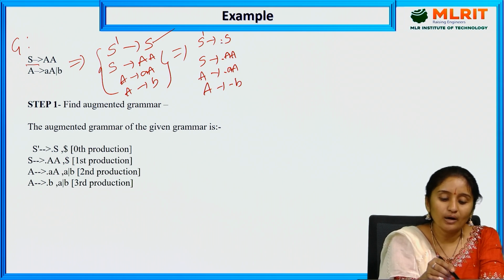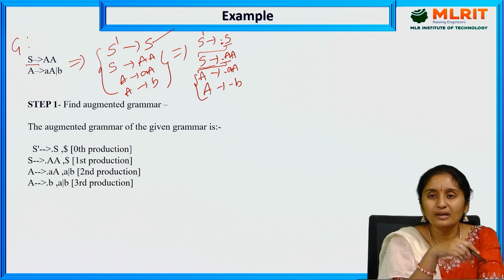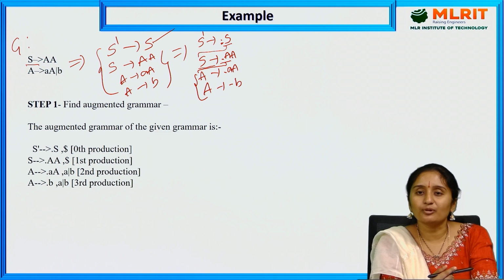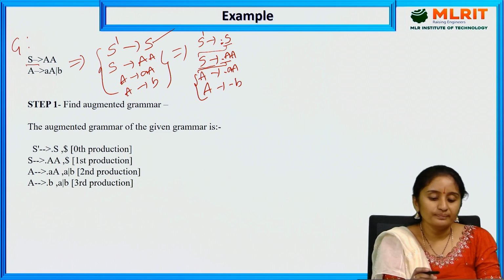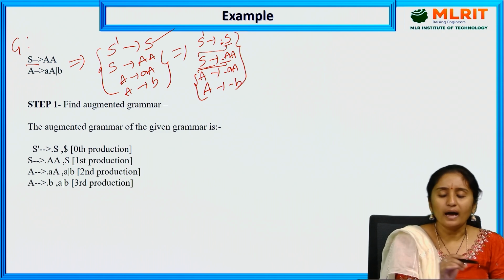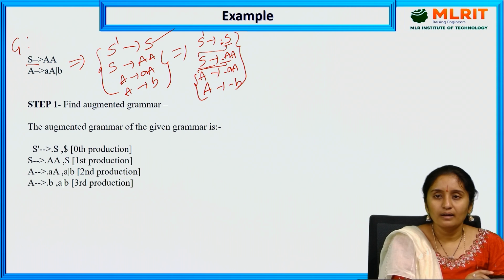See here, after the dot is S, which is a non-terminal, so we need to write the S productions. After the dot in that production I find a capital A, also a non-terminal, so I need to write the A productions. There are 2 productions, so we write that many. This is my I naught state.